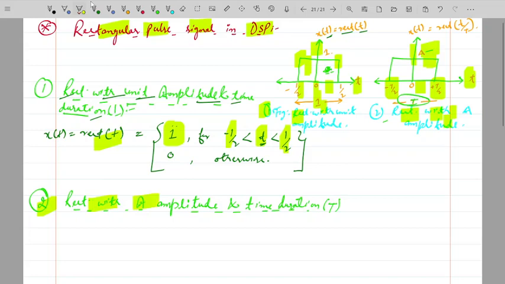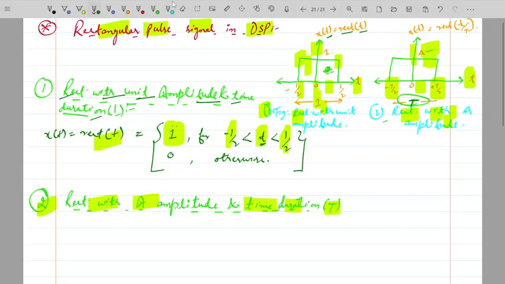The rectangle with amplitude A, and time duration considered as capital T. We can simply say the width of this rectangular pulse is capital T. In the second figure, capital T is the width of the whole rectangle.